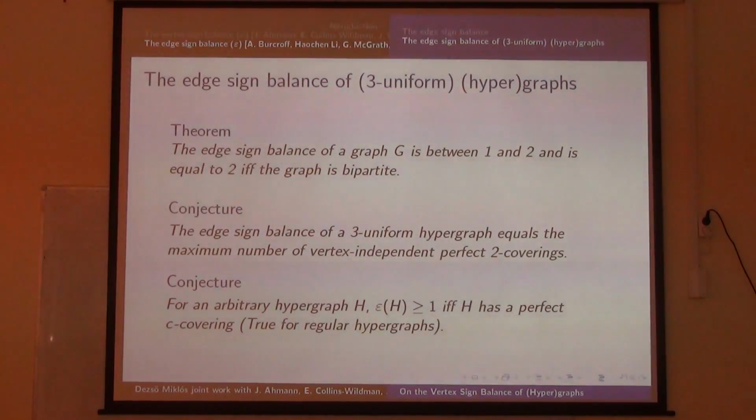And then for regular hypergraphs, the generalized version of the statement which we have for graphs, the edge sign balance is at least 1 if and only if the hypergraph has a perfect 2-cover, is true. But in general, for an arbitrary hypergraph, when the edges might have different sizes, we don't know if it's true or not. Probably it's true.